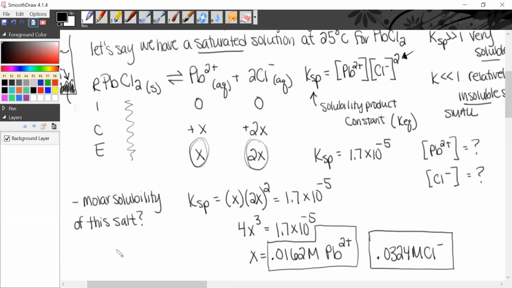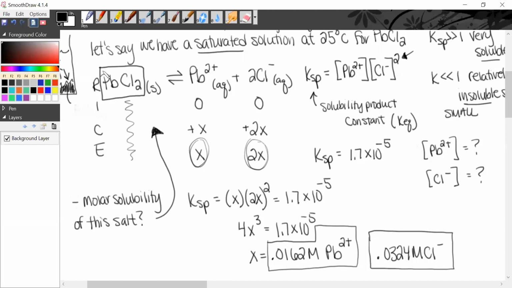When it asks the question in this way, you guys, it's asking about how much of this, like what molarity of the thing as a whole can dissolve, okay? And so all you have to do is just pay attention to the stoichiometry. Molar solubility is always referring to the salt as a whole before it has split up.